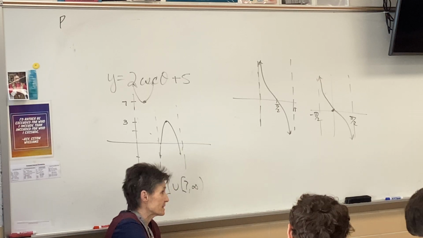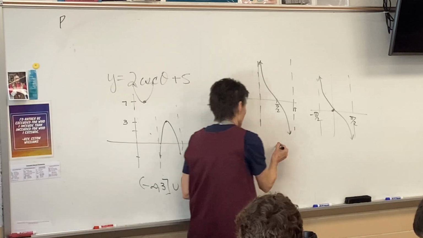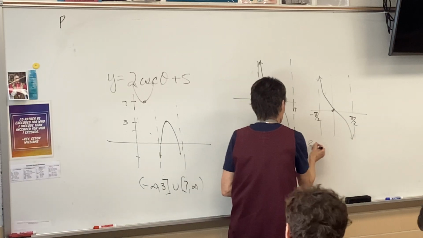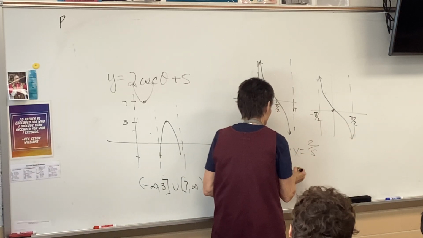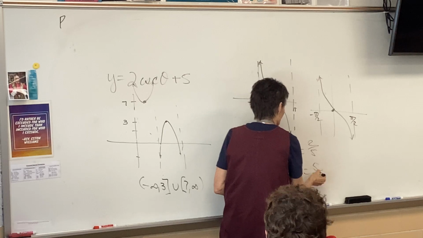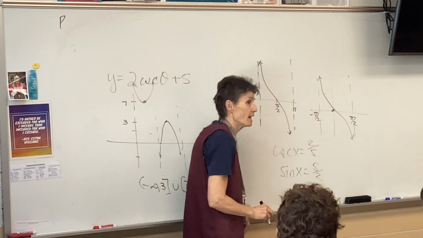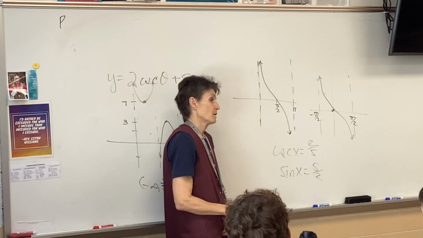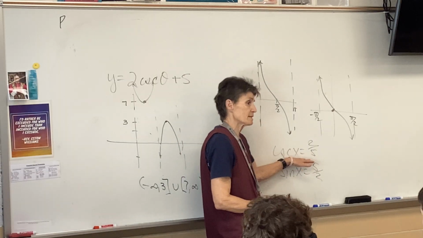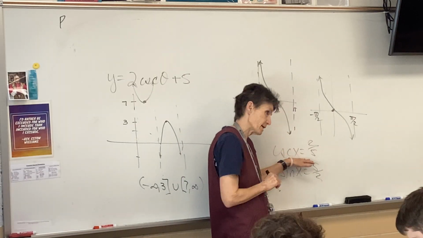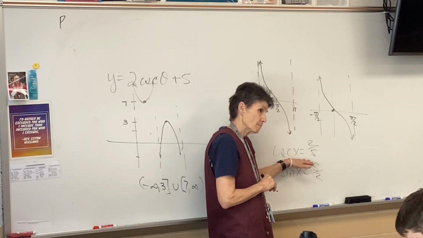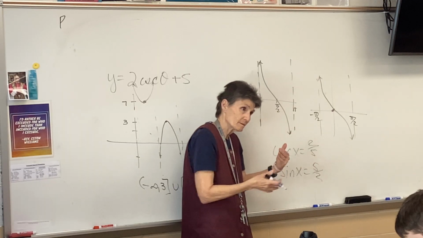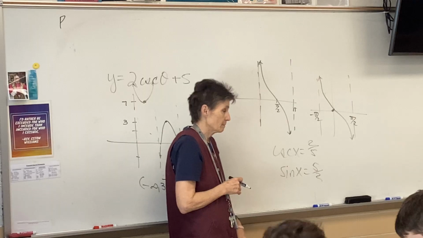And if cosecant equals 2/5, then what does sine equal? 5/2? Can sine equal 5/2? No. You guys, cosecants have to be bigger than 1 or less than negative 1. Because otherwise, the sine will work.